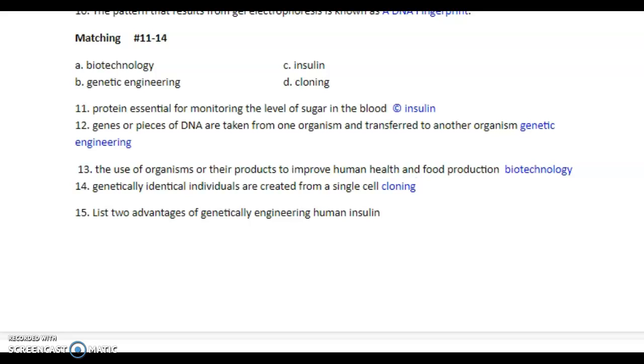Number 15 lists 2 advantages of genetically engineering human insulin. Again, that's back to our bell ringer.